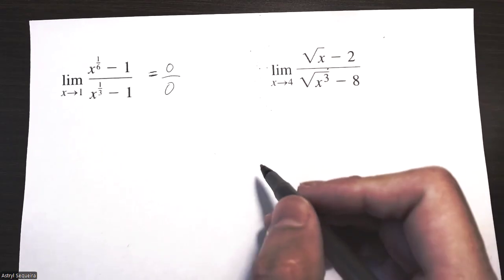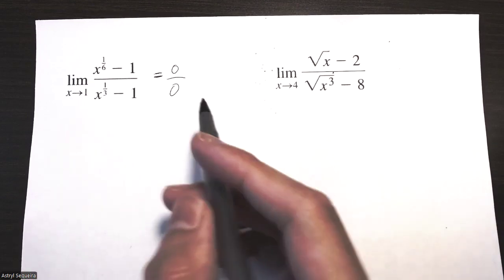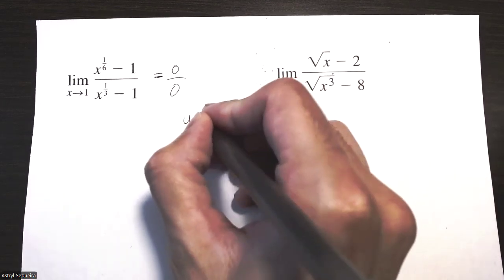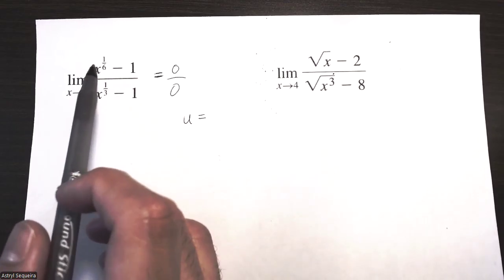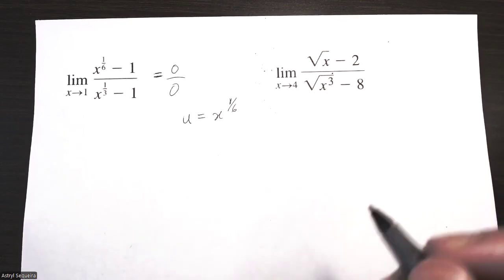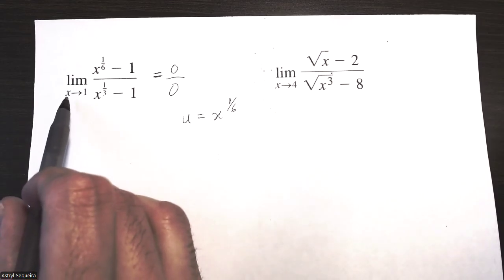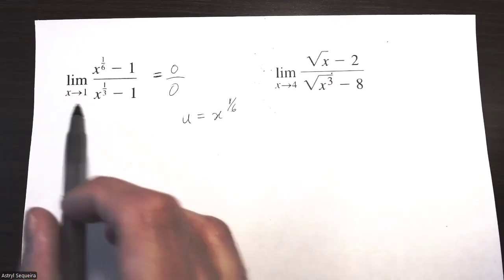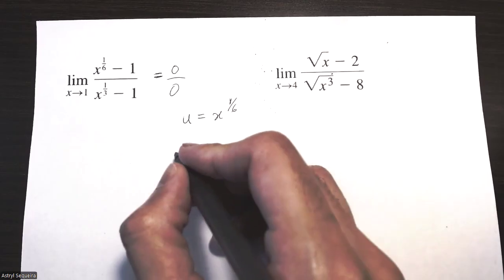I'm going to do substitution over here. Whenever you're doing substitution for a limit, you always want to pick u as the smallest exponent of x. So u is just going to be x to the power of 1 over 6. And then we want to take our limit over here and sub it in this equation to find our limit for u.